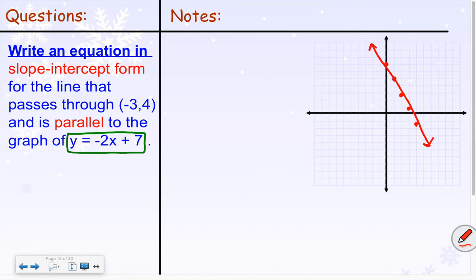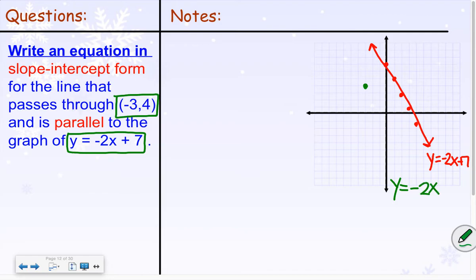So this line is y equals negative 2x plus 7. Now I have to write an equation for a line that passes through (negative 3, 4). So let's graph that point. I know that this line is going to have the same slope as my original line.